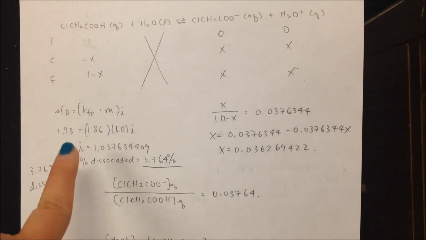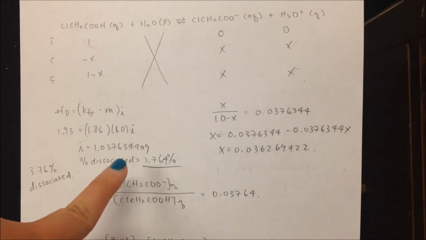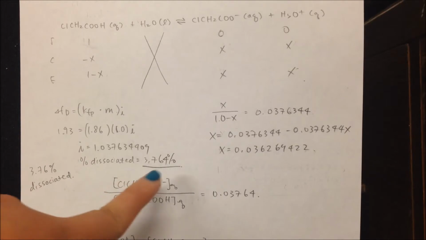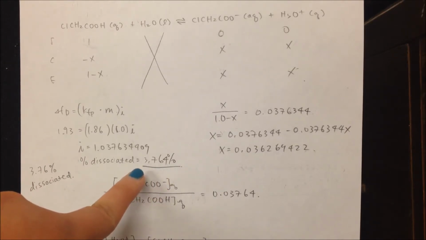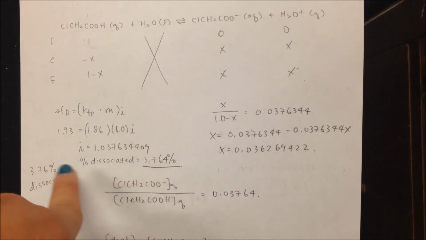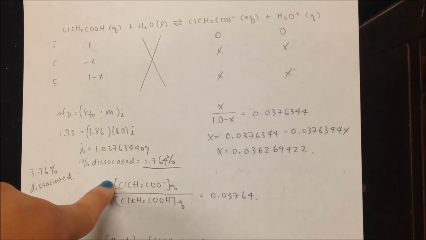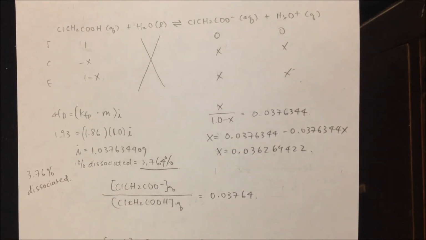It's going to give you 0.037634409, and times 100%, you get 3.764%. That means that the conjugate base over your conjugate acid is dissociated just 3.764%, which makes sense because it's a carboxylic acid.